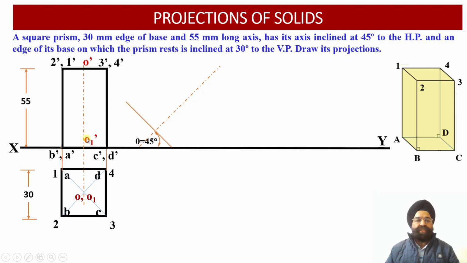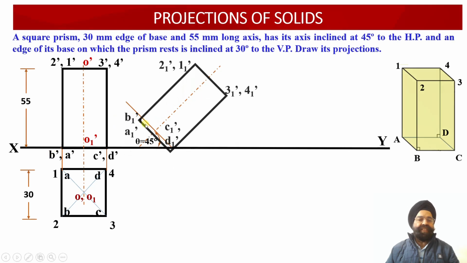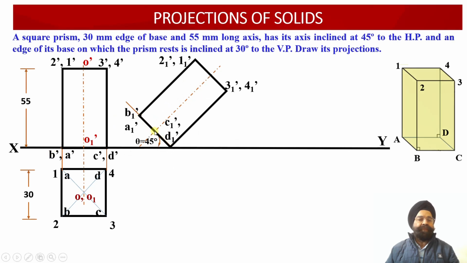Similarly, the distance of O1 dash and B dash A dash should also be equal to this distance, which is 15 millimeter. So this distance is also 15 millimeter, and this distance is also 15 millimeter. So this distance will be drawn as 15 millimeter, and again the distance O1 dash and B dash A dash will also be marked as 15 millimeter.